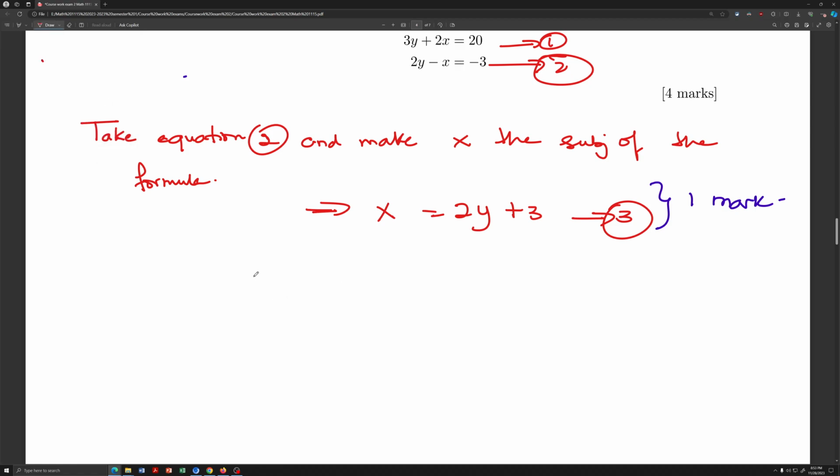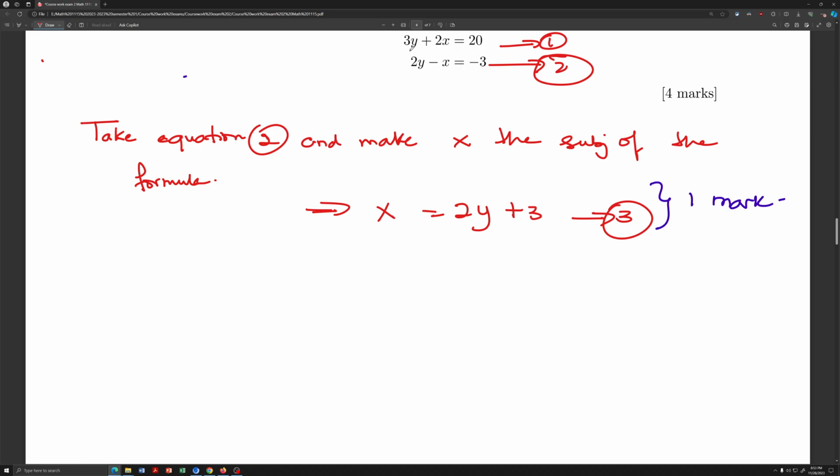Now, I'm going to substitute equation 3 back into equation 1. We do not substitute the equation that we make our variable, our unknown here, the subject of, back into the same equation. So if I would have used equation 1 and made x or y the subject of the formula, then I would have substituted that new equation into 2.